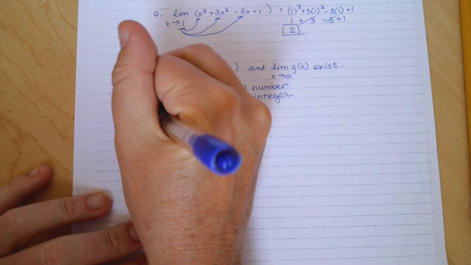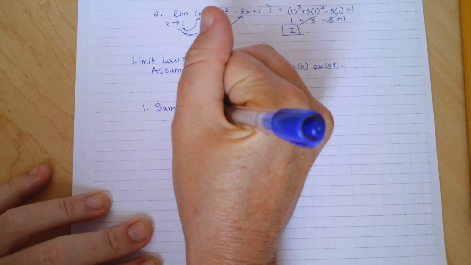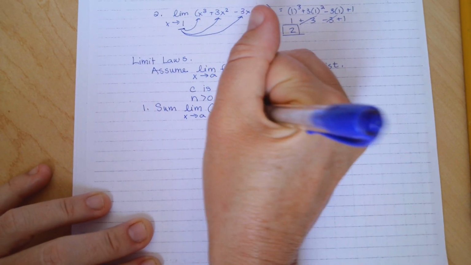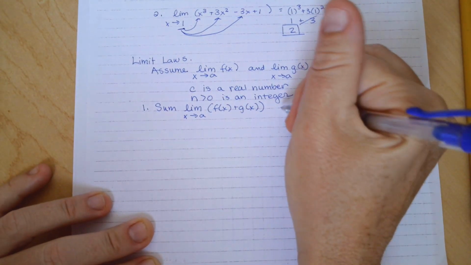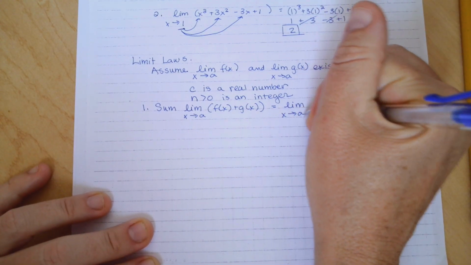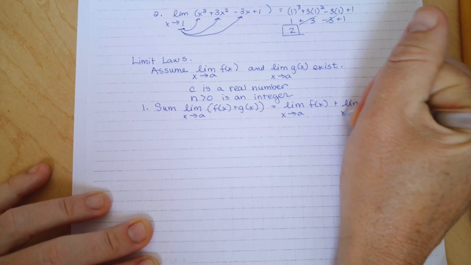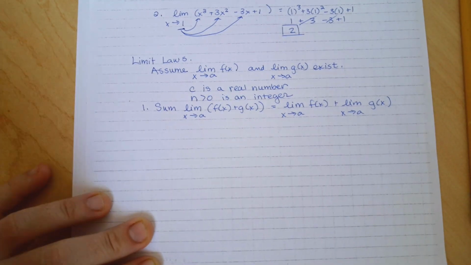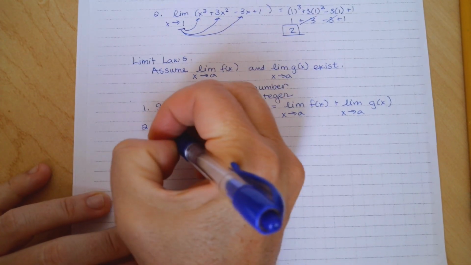So number 1 would be the sum law, and so we're looking at the limit as x goes to a of f of x plus g of x, and so this is just going to be the limit of each of these individually added together. Okay, number 2 is the difference.